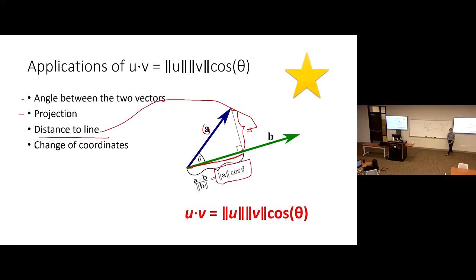You project your A vector onto B. Third, you can use this relationship because you know the magnitude, you know the projection, you can compute the distance from a dot to a line. So we have some applications where you need to compute this distance from one dot to a line here.